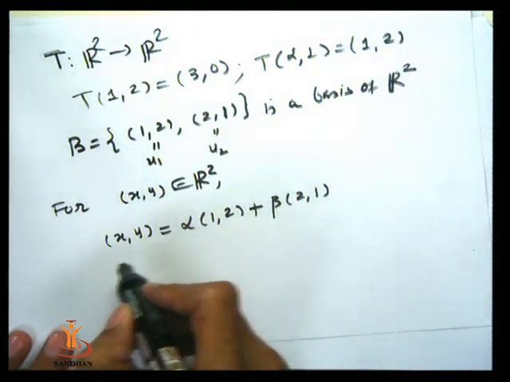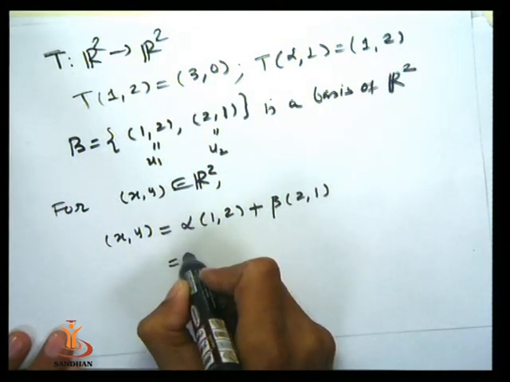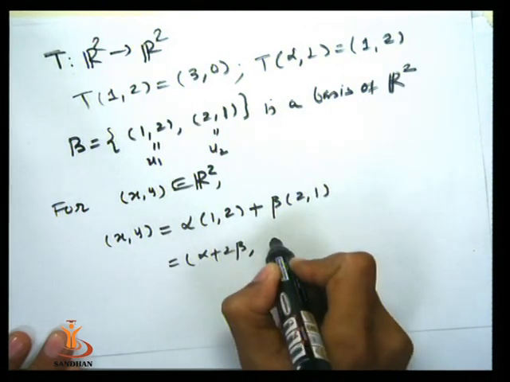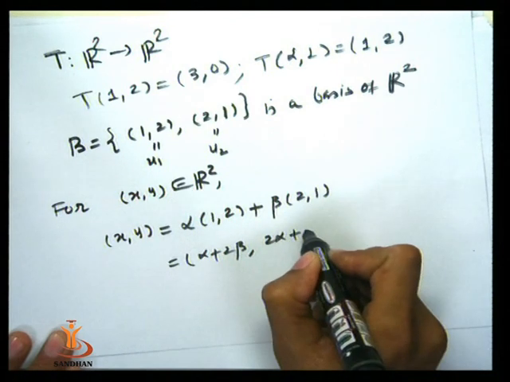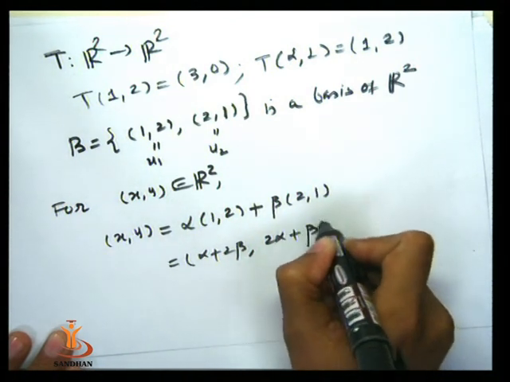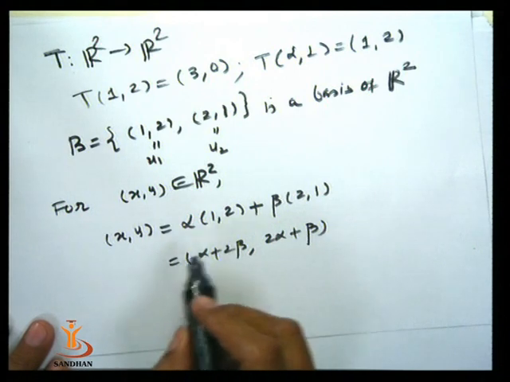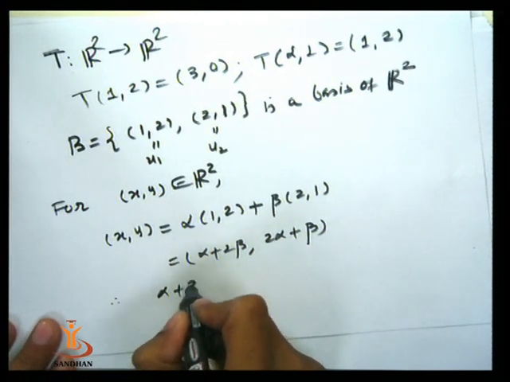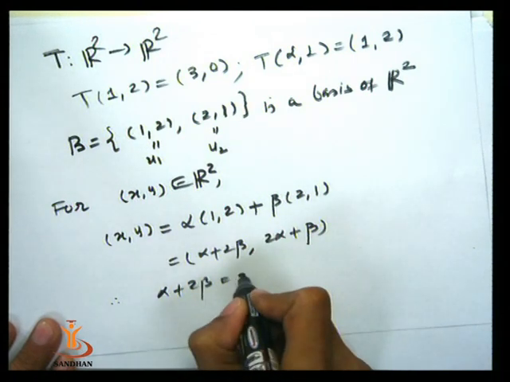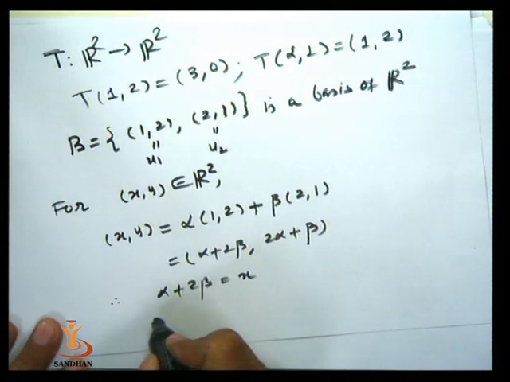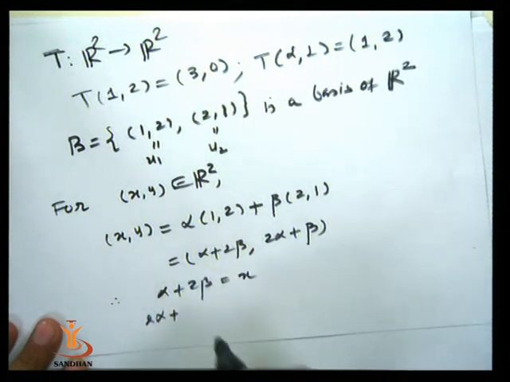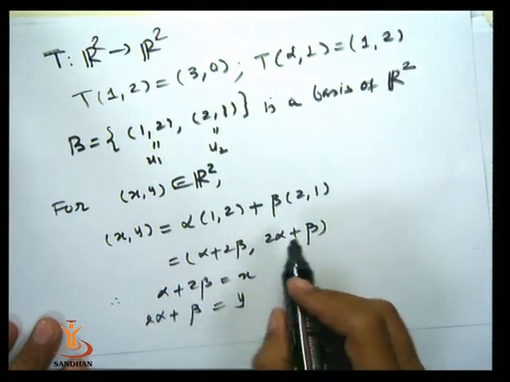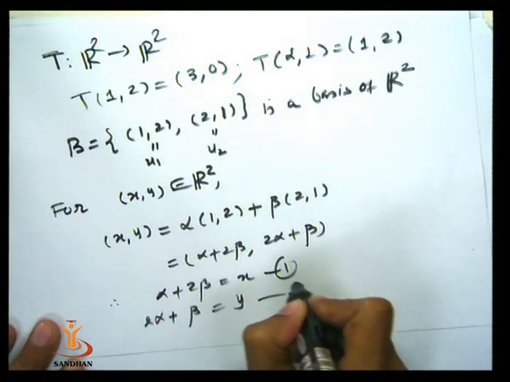So this is going to be (alpha + 2 beta, 2 alpha + beta). Comparing these components, we get alpha + 2 beta = x, and 2 alpha + beta = y. Say equations 1 and 2.